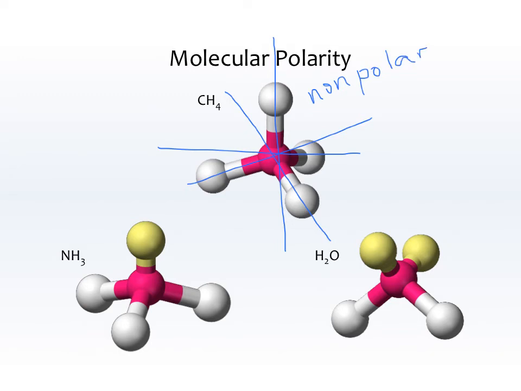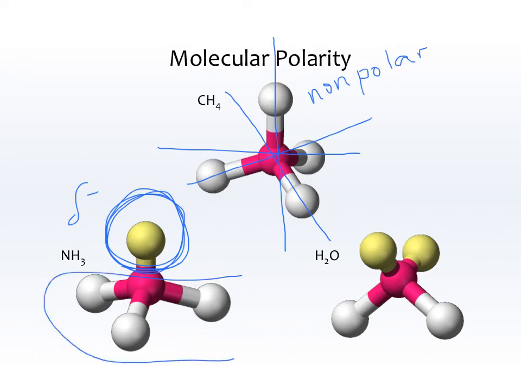But when we move down to NH3, there's a lone pair, and that lone pair acts as the partially negative side of the molecule. So we have negative where the lone pair is, and positive where the hydrogens are. So there's 2 oppositely charged sides to this molecule, so this molecule does have a dipole moment.